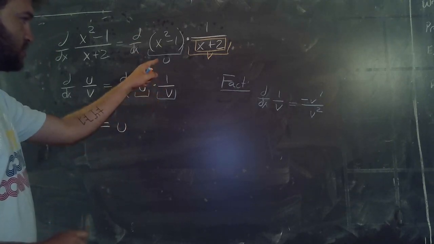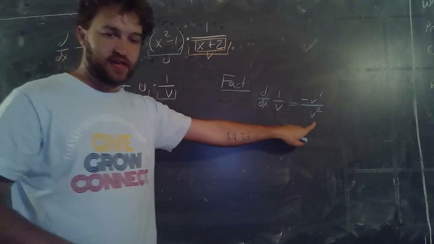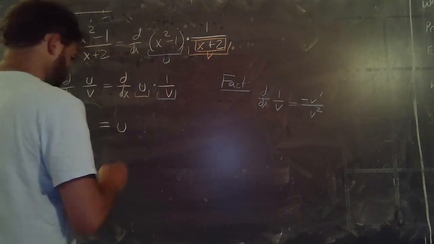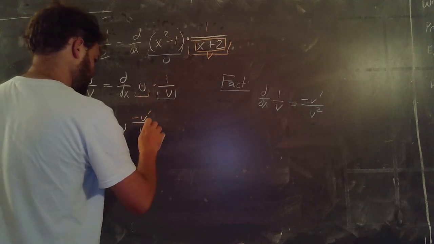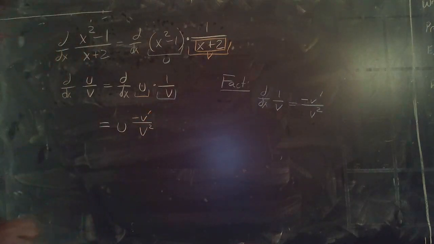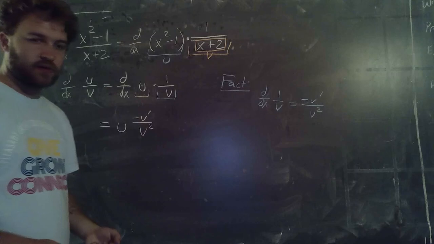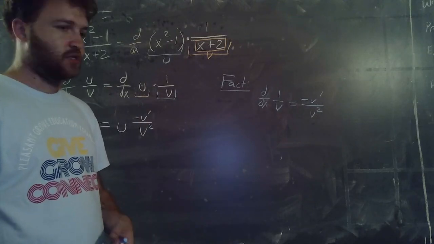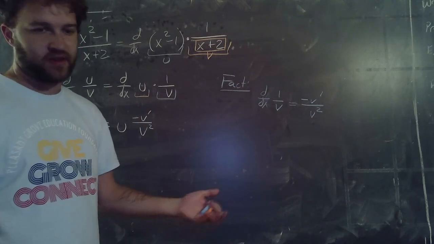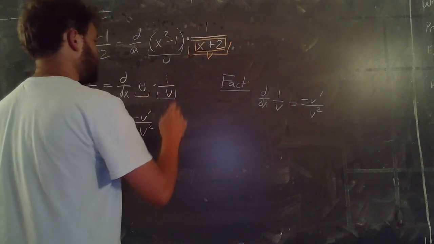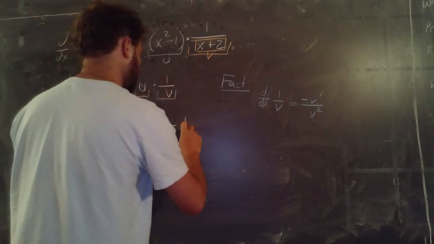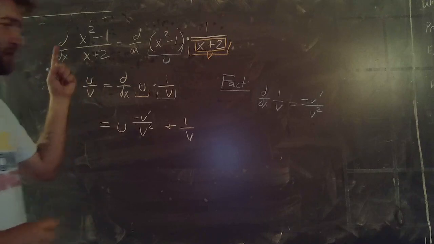That's the derivative of 1 over v, which I have given to you here, so that will be negative v prime over v squared. And remember that the v prime notation is just another way to say the derivative of v. Plus, then we write down the second function, 1 over v, times the derivative of u.